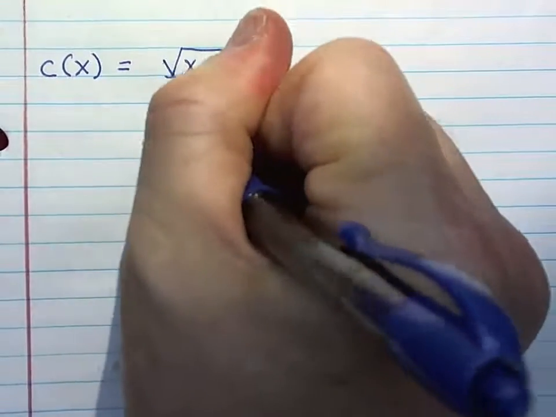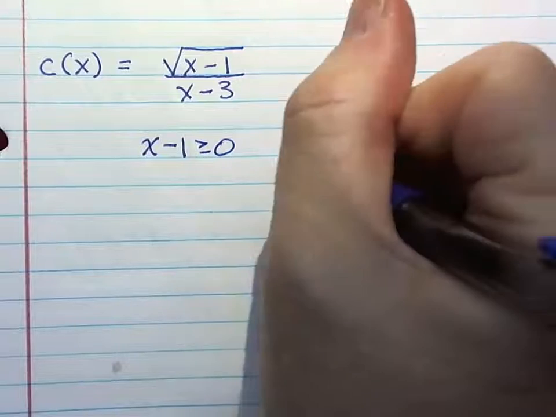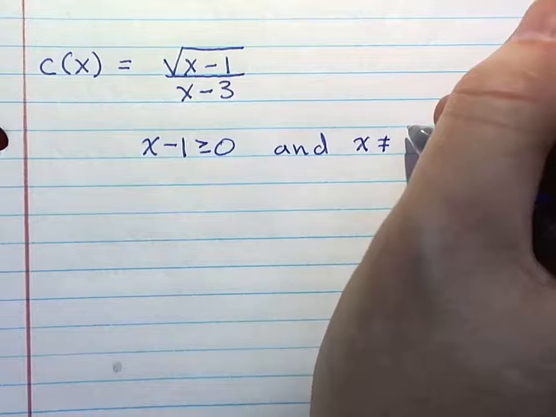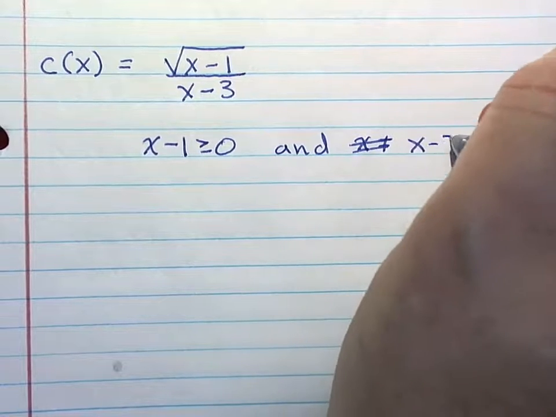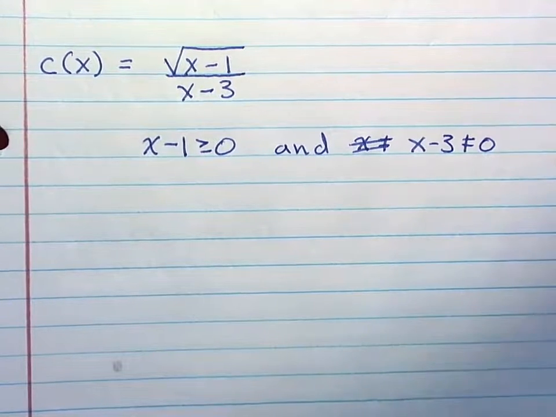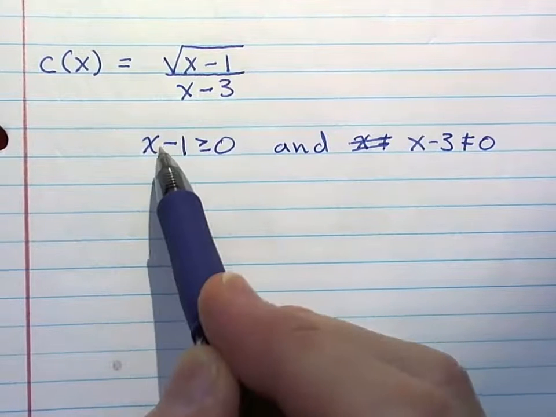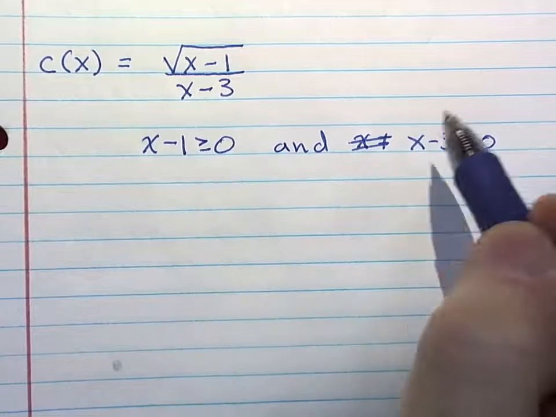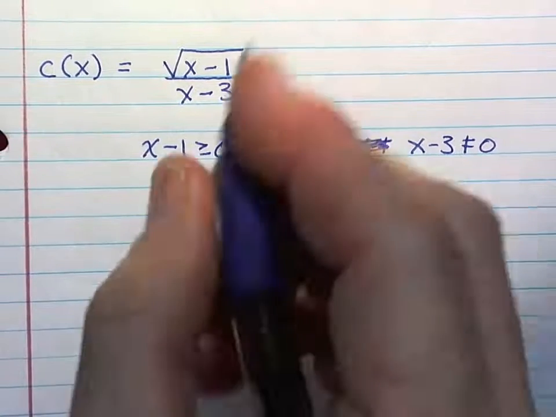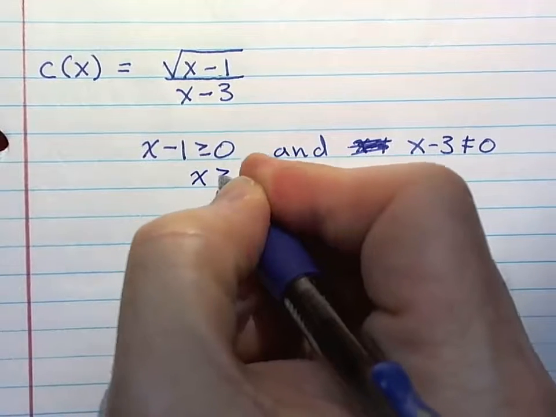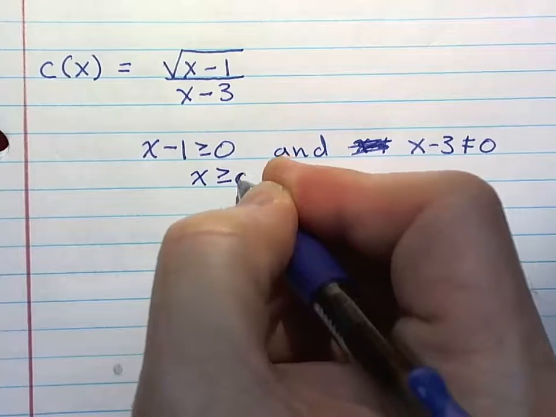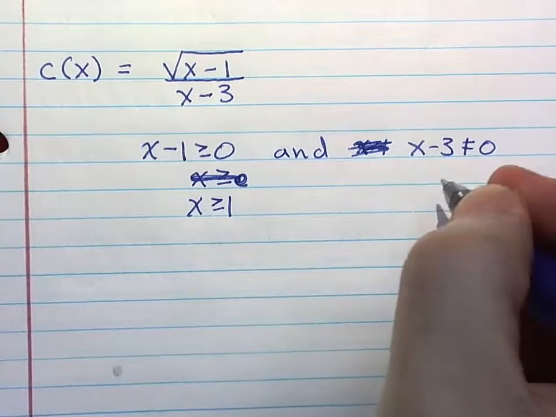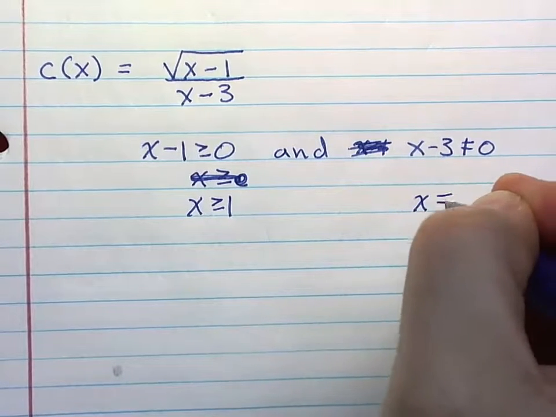One, x minus 1 has to be greater than or equal to 0, and x minus 3 can't be equal to 0. So you put these together. You have x greater than or equal to 1, and x cannot equal 3.